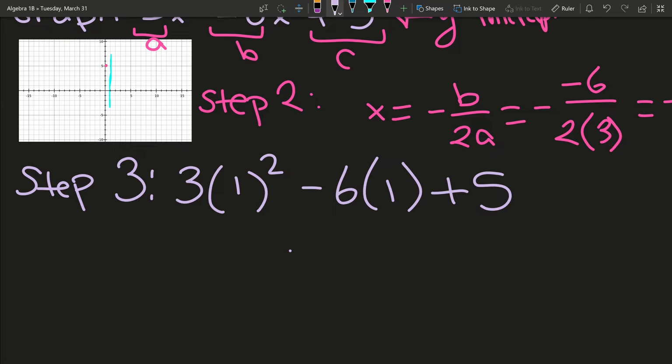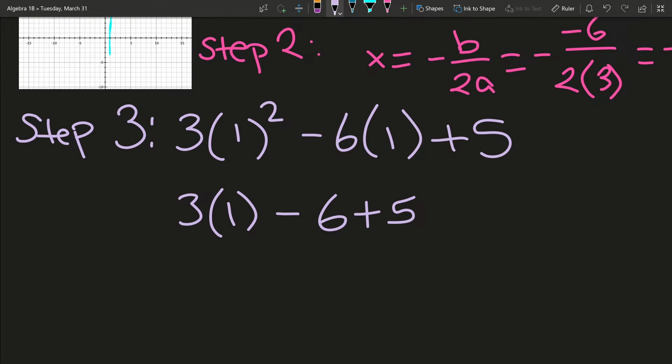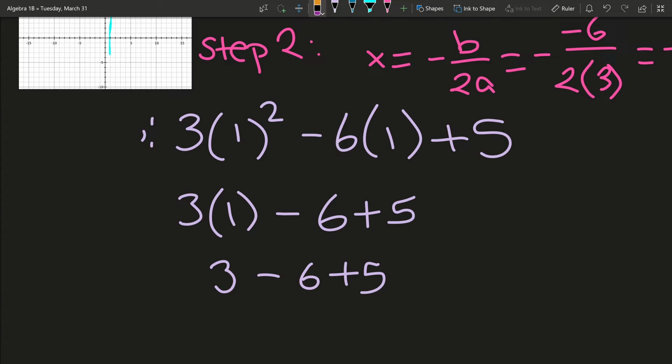And let's go ahead and solve this. 1 to the power of 2 is 1, so we just have 3 times 1. Let me erase this here. 6 times 1 is 6, plus 5. Now 3 times 1 is 3, minus 6, plus 5. Oh, and I should have, let me erase this real quick.